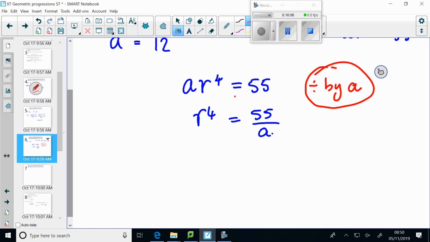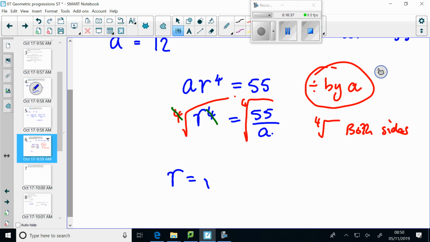So we're going to take the 4th root of both sides. That cancels the 4 and just leaves r on its own. So we now have a formula for r: the 4th root of 55 over a, which is 12.